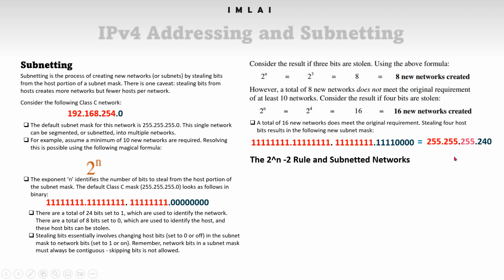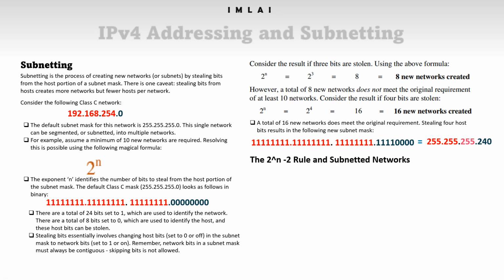When you convert this into CIDR, it becomes the IP followed by forward slash 28, because 8 plus 8 plus 8 plus 4, so 24 plus 4, 28.